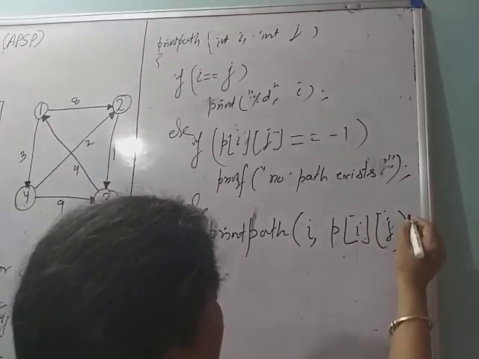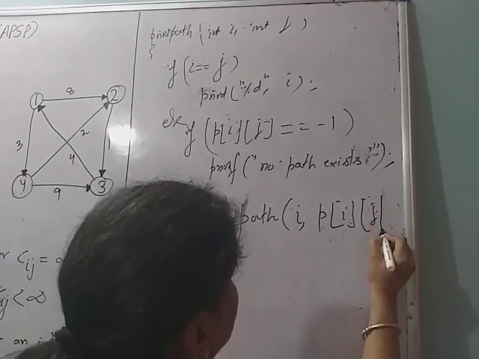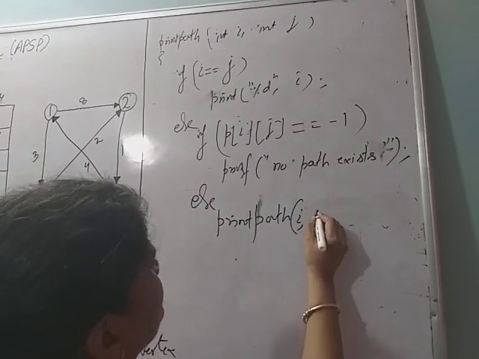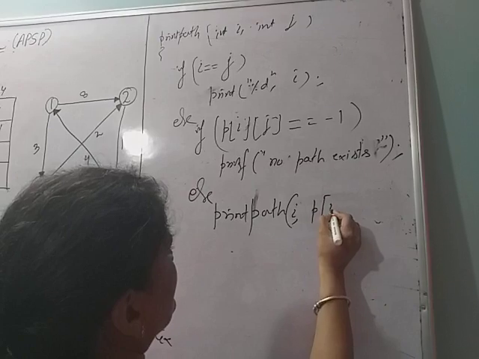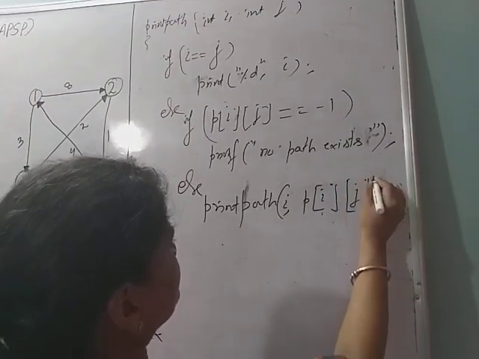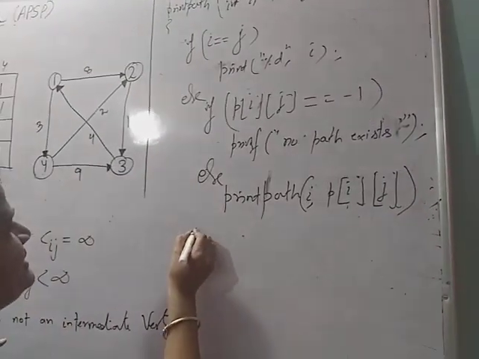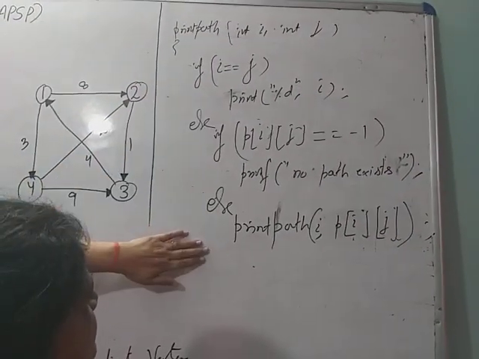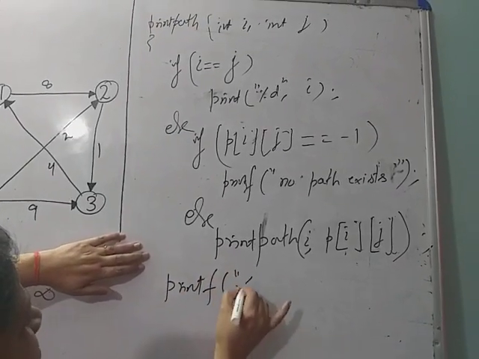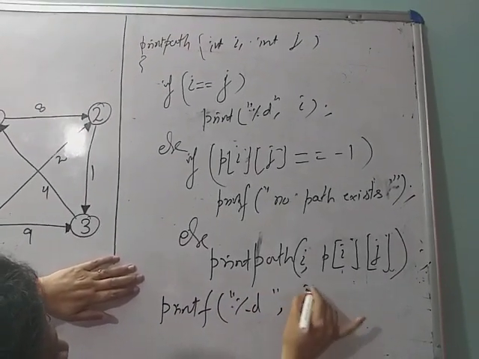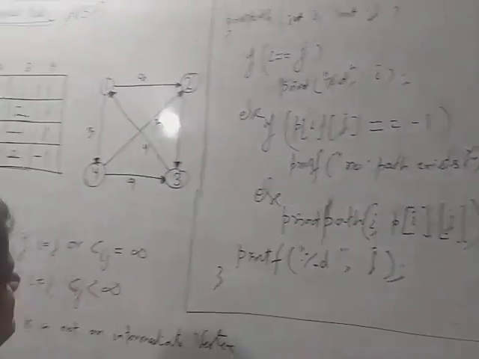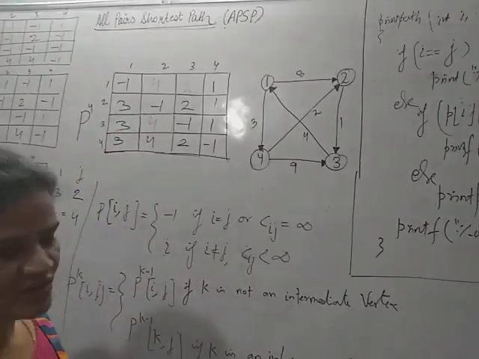So this is the recursive function PrintPath(i, P[i][j]), and then at the end when the recursion terminates, this being a tail recursion, we printf "%d", j.